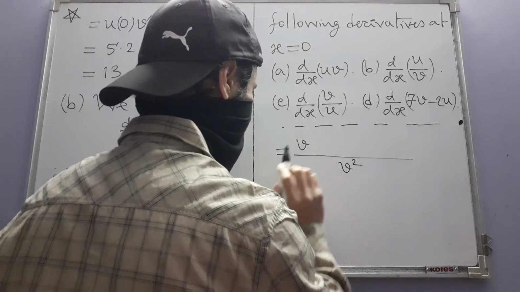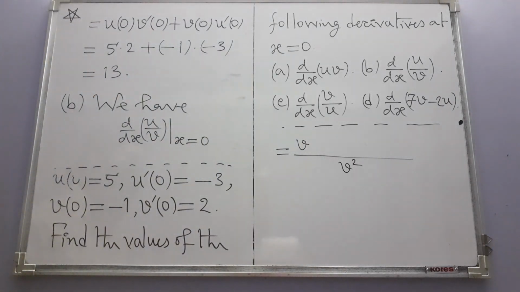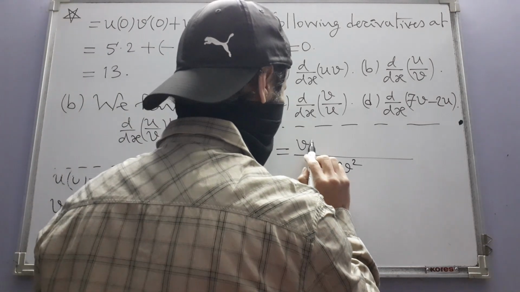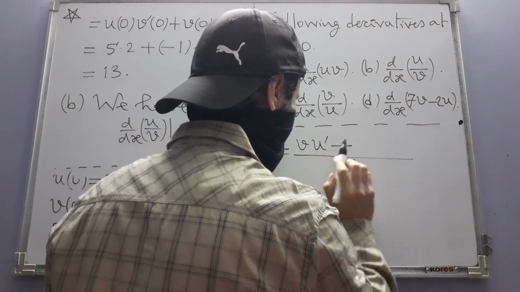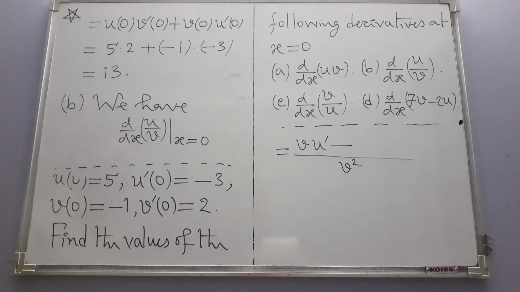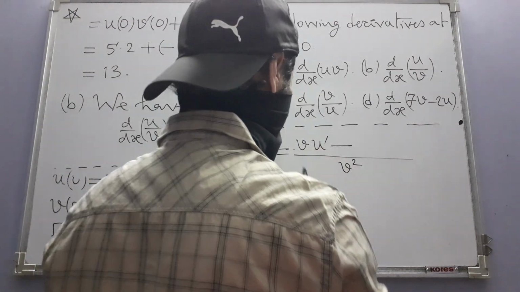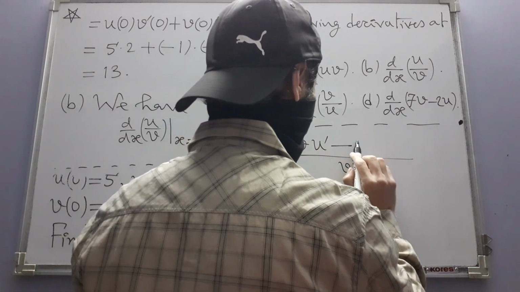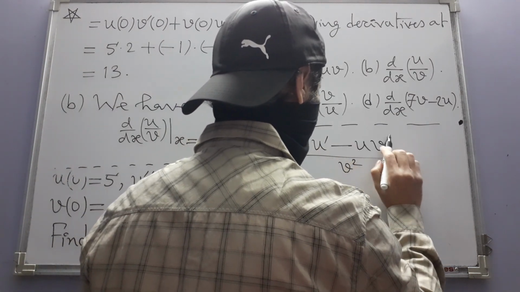Then in the numerator you write V and then multiply it by the derivative of u, that is V u prime, minus, in the quotient rule as opposed to the product rule, in place of plus you have minus. Then the opposite. Opposite means now you keep u and differentiate v.